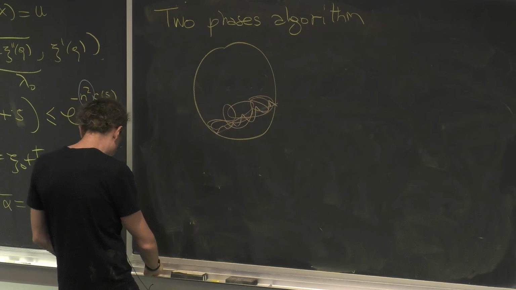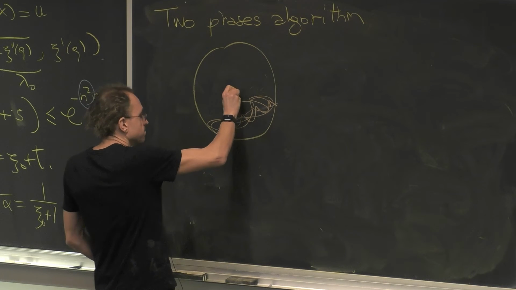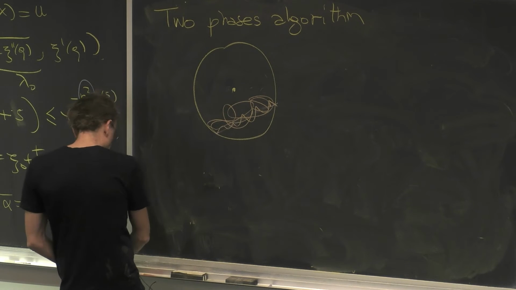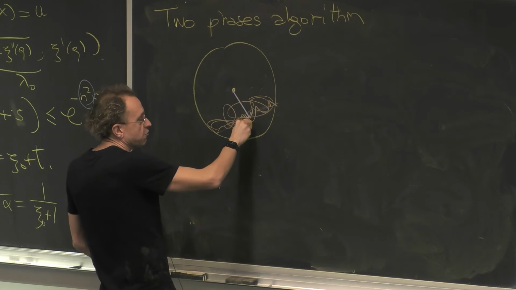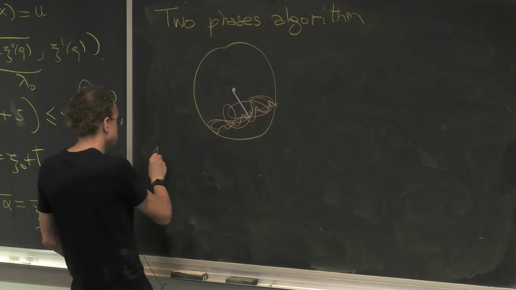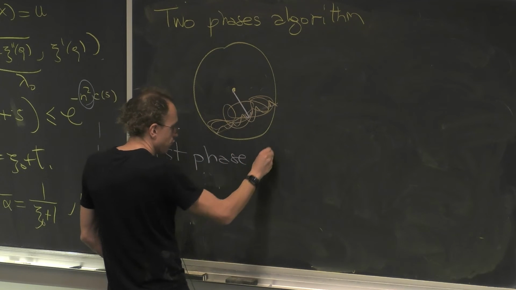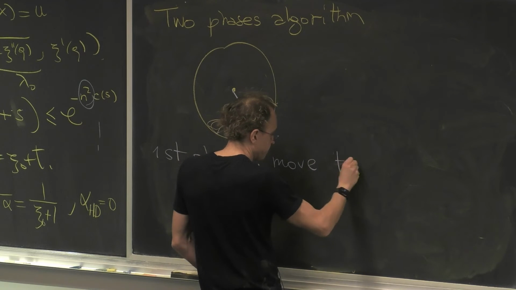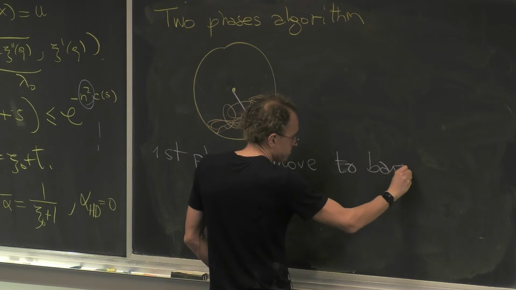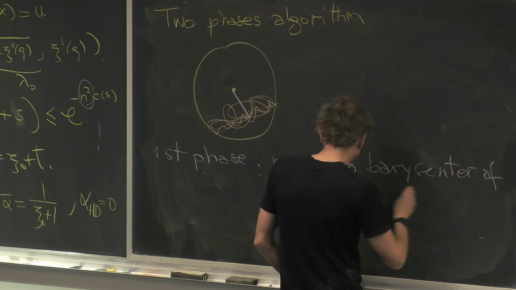So you have to move away from the center, and move in the first phase to the barycenter of the solutions. So first phase: move to the barycenter of solutions.